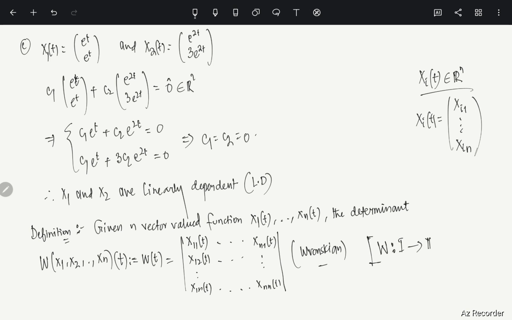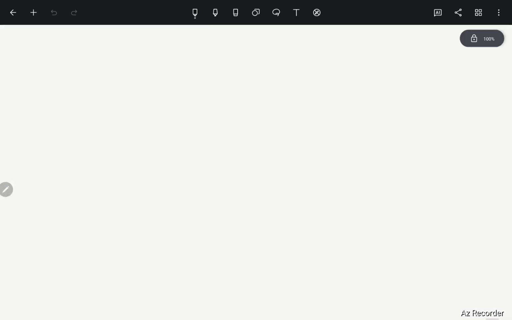So basically, it's a real valued function. Clear? And now let me ask you this question. You do realize that since this is a determinant, this Wronskian is going to be a continuous function. Okay, that is very easy to see, right? It's just a determinant function. So that's a continuous function, right?